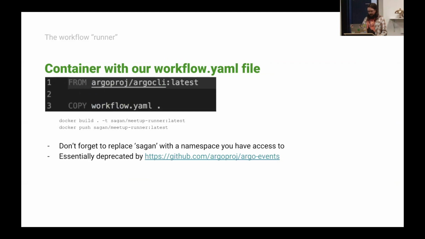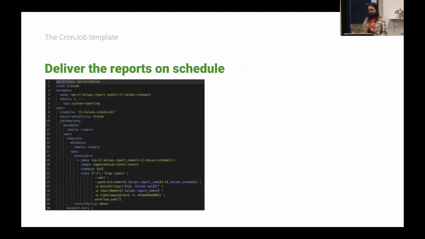So finally, we need a way to submit these workflows to the Argo tool. So we build a simple container, which essentially builds upon the Argo CLI and copies the workflow into the container. And we will then schedule it to run on a periodic basis. Our schedules are simple Kubernetes cron jobs, which I have parameterized for Helm.